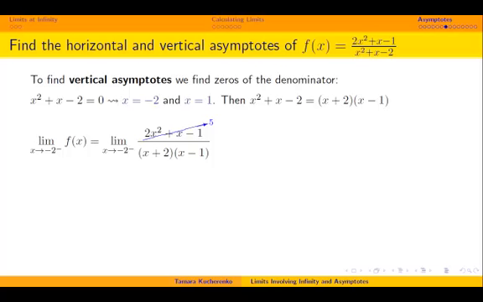In the denominator, when x approaches negative 2 from the left, x is less than negative 2. So x plus 2 approaches 0, staying negative.